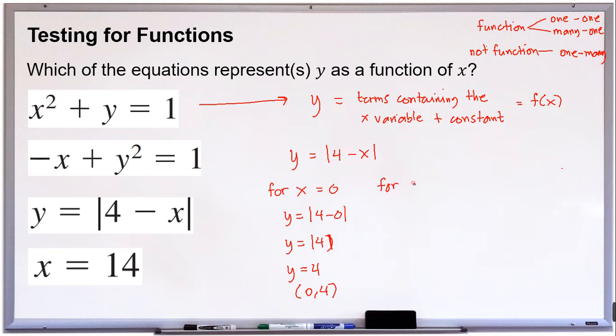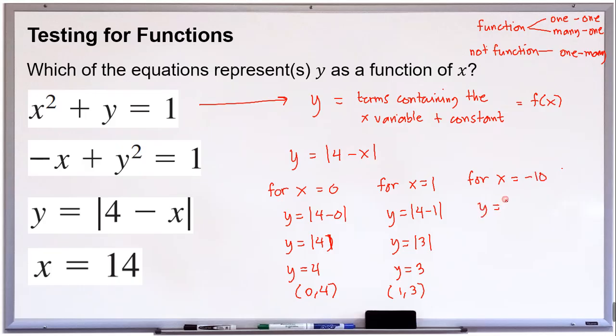Now let's say for x is equal to 1, you have y is equal to the absolute value of 4 minus 1. So that's y is equal to the absolute value of 3. So y is equal to 3. Then we have an ordered pair of (1, 3). And for x, let's assign negative numbers, let's say minus 10.